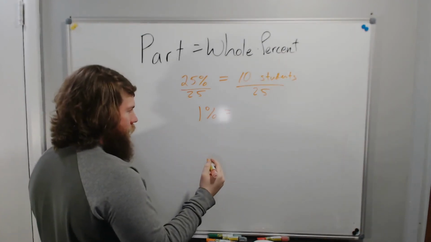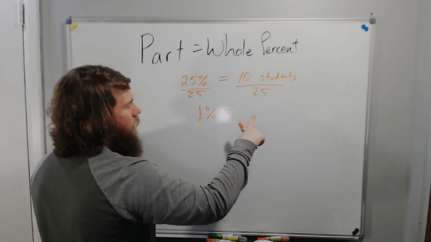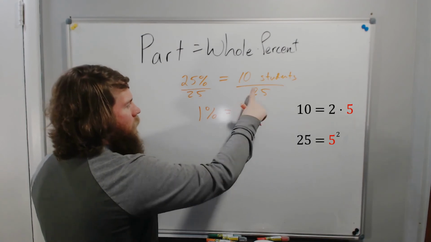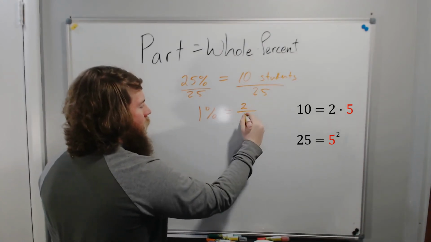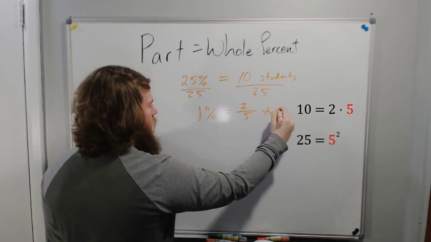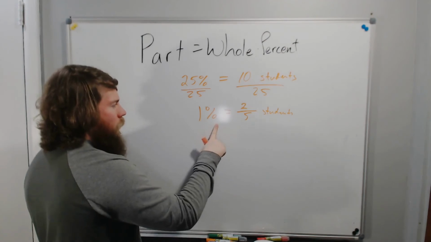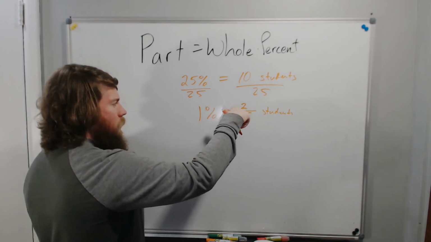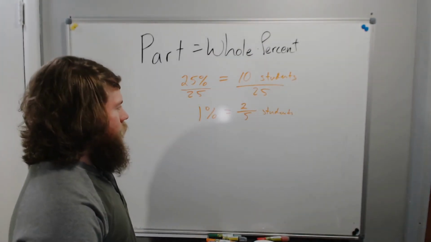So we have a fraction, 10 over 25. I recognize that they both have 5 as a factor, so I'm going to divide 10 by 5 to get 2, and 25 by 5 to get 5. All right, so 1% in our model represents 2/5 of a student. Okay?